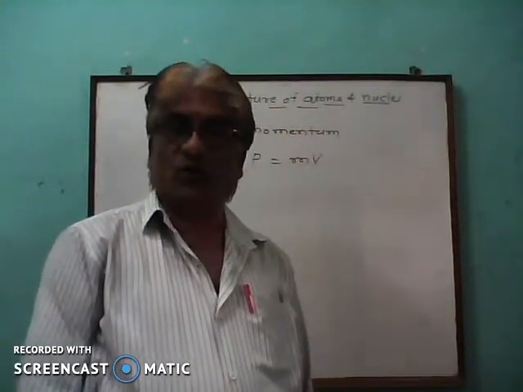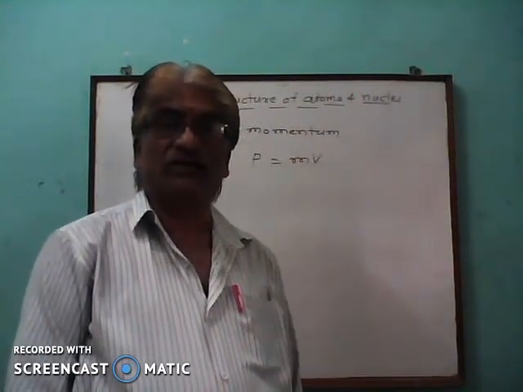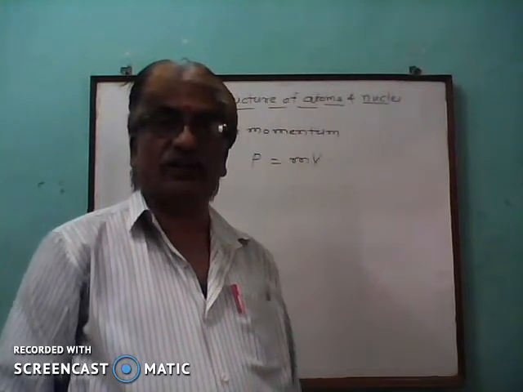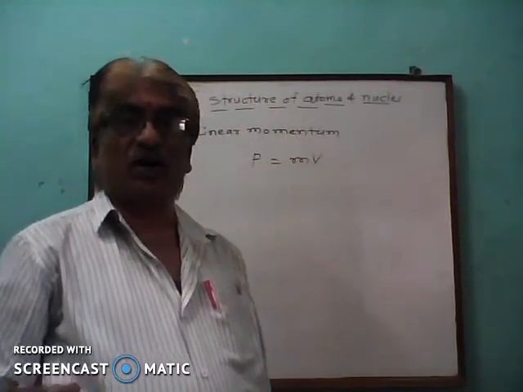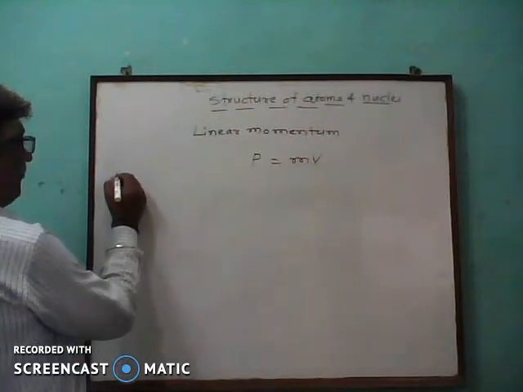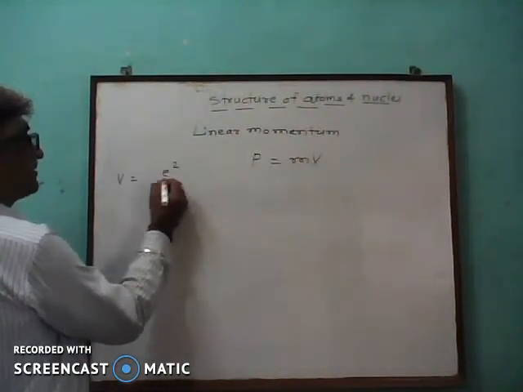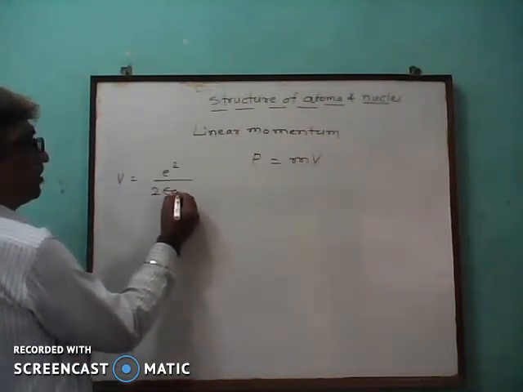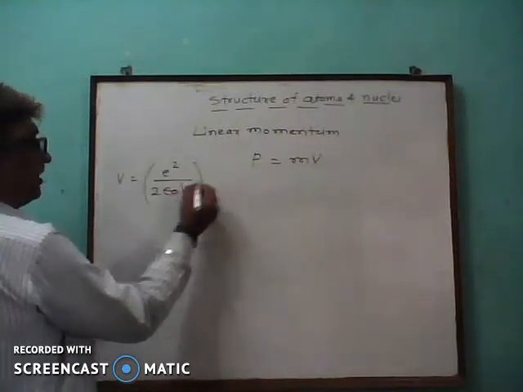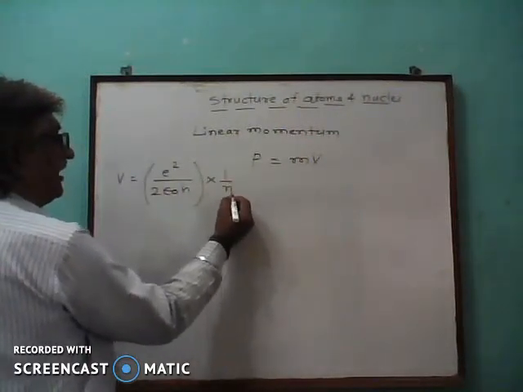We also know the formula for velocity of electron in orbit, that is v is equal to e square upon 2 epsilon 0 h into 1 upon n.